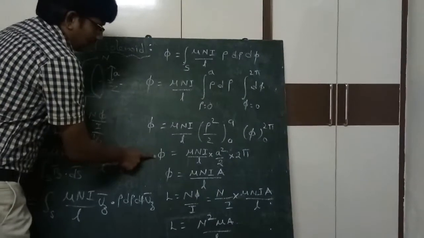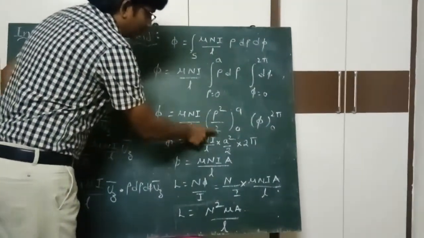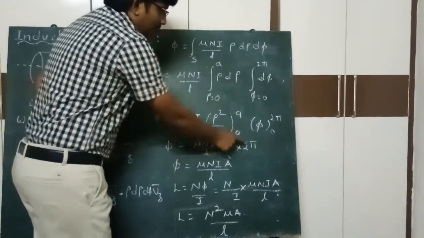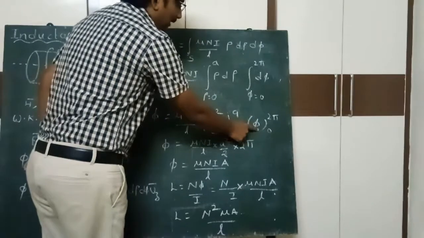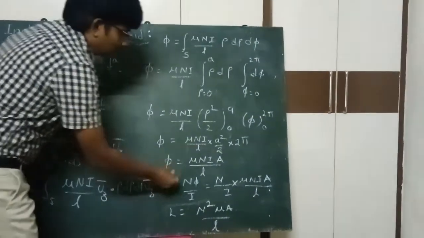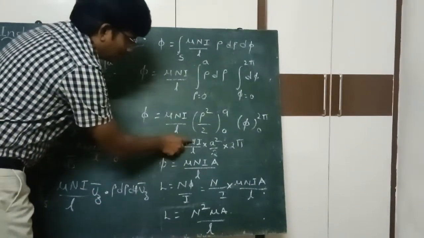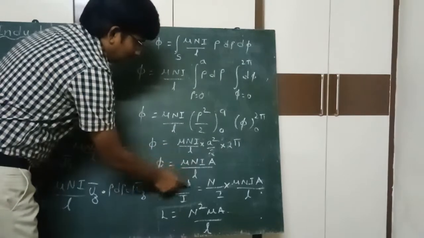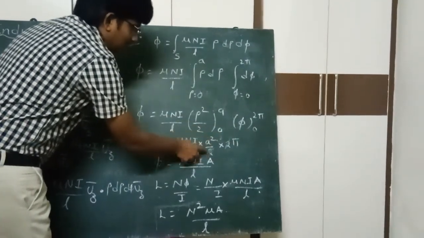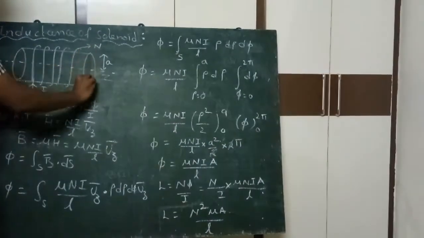The flux produced by the solenoid is phi equals mu N I by L into, after substituting the limits, a square by 2 into 2 pi. The two cancel with each other. Then we get mu N I divided by L, and here we have pi a square, which is denoted by the letter capital A, called the cross section area of this solenoid.